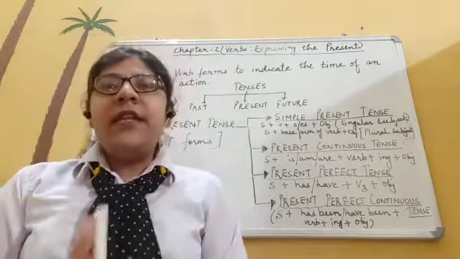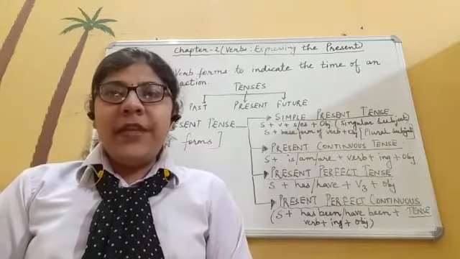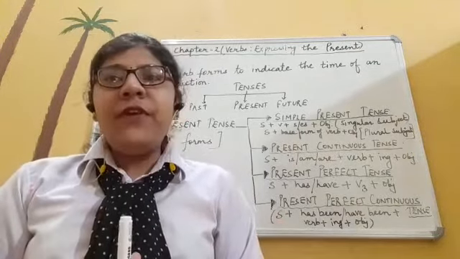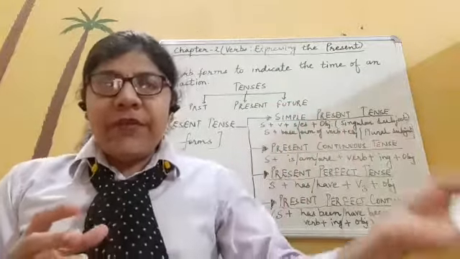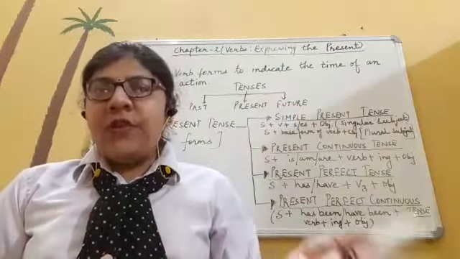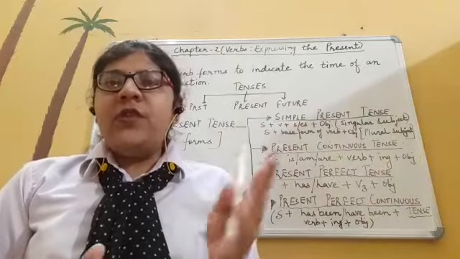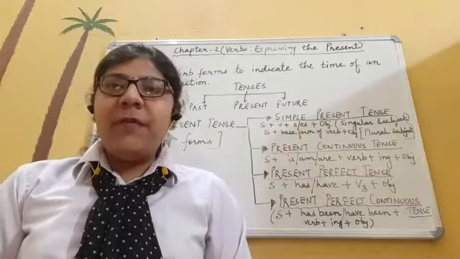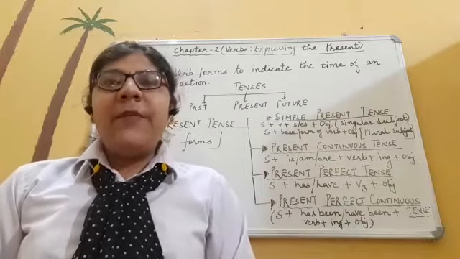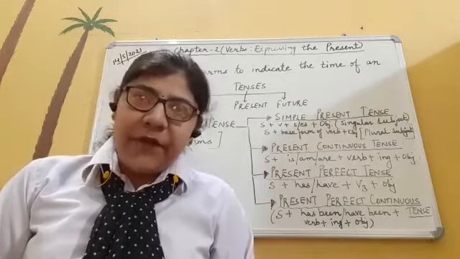So what do these sentences mean? They actually mean that the work you started in the past got over very recently. It got over just now only. Fine. So the actions which started in the past and got completed very recently come in the category of present perfect tense.